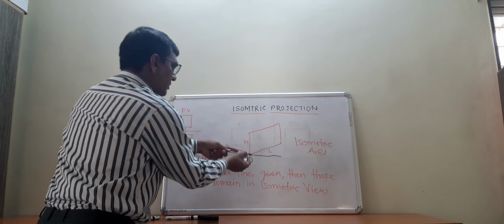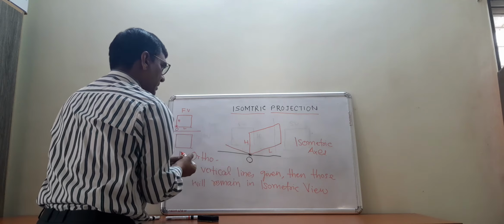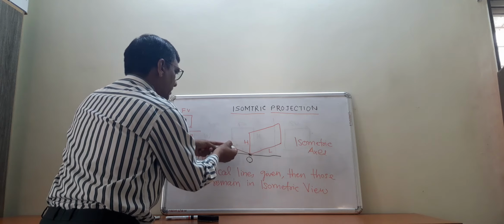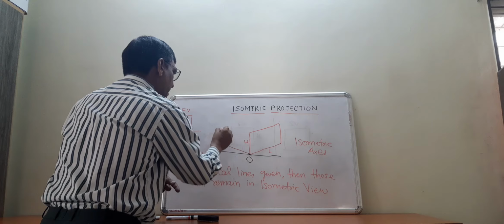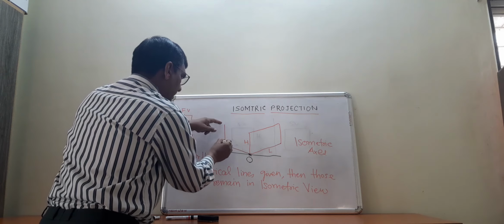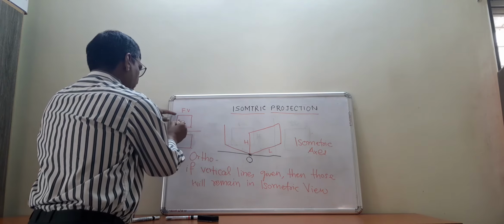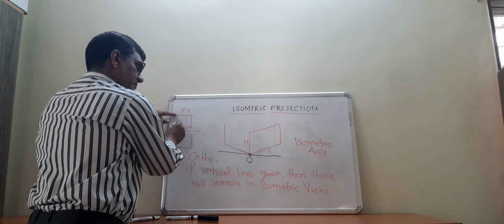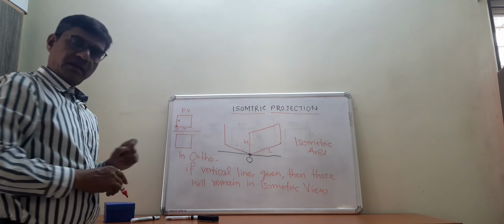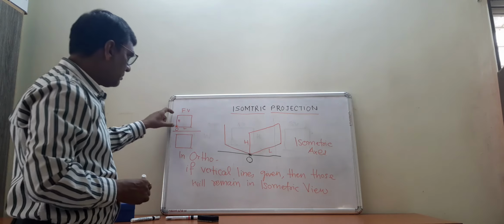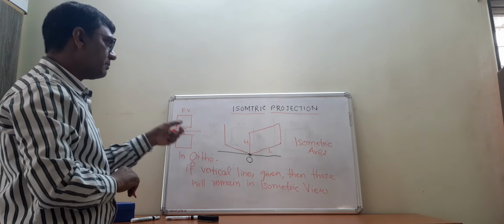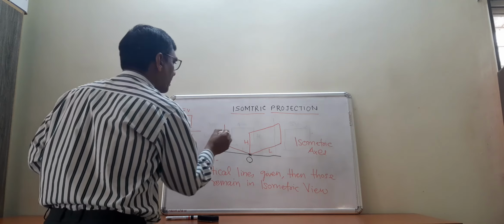Similarly, when we are working on the width of the object, so we are going to the other end of the width line, width axis, and from there also we are going to draw a vertical line. Height of this line, that has to be equal to the height of the given object. That is, in the orthographic, whatever height we are measuring in the front view, same height we are going to take it for getting the side plane of the cuboid.